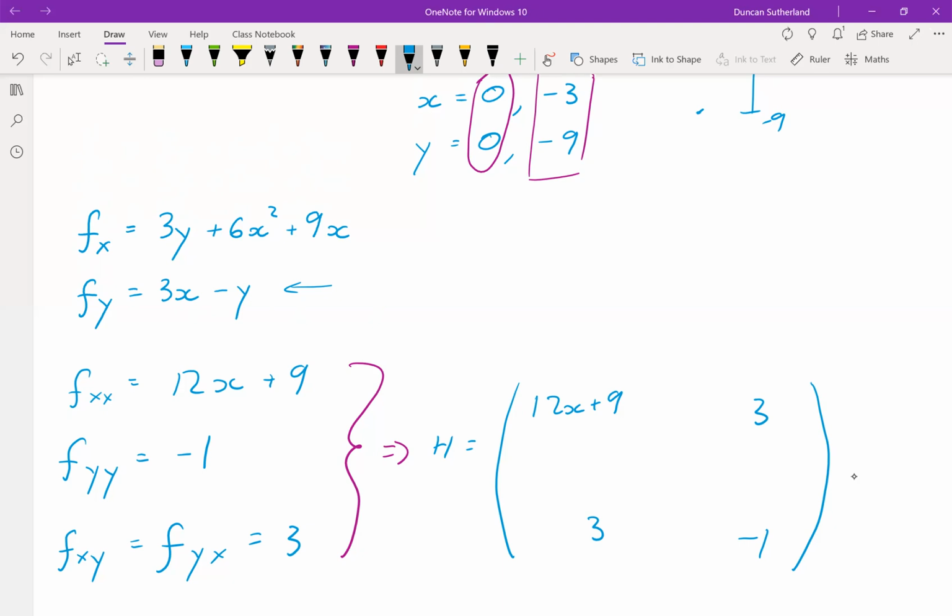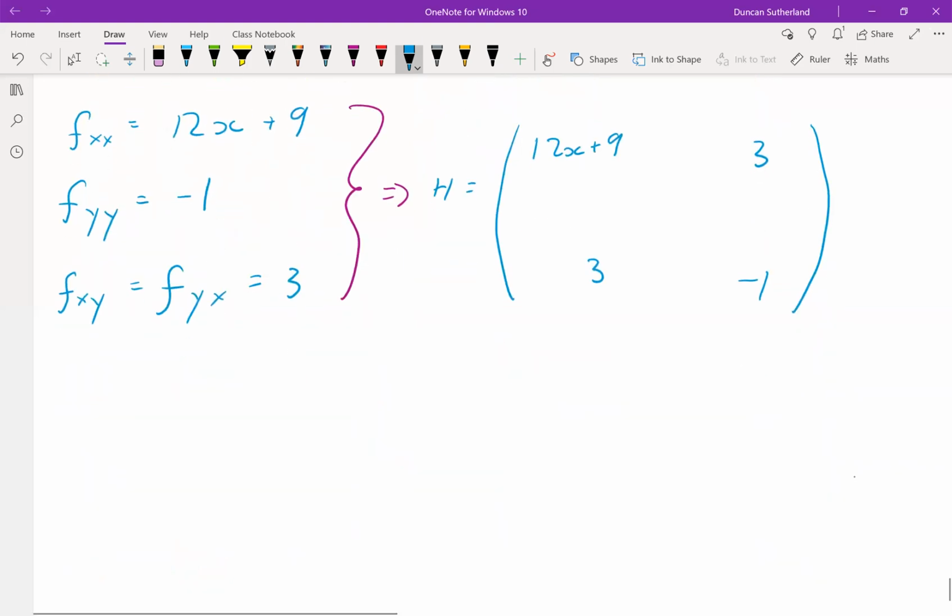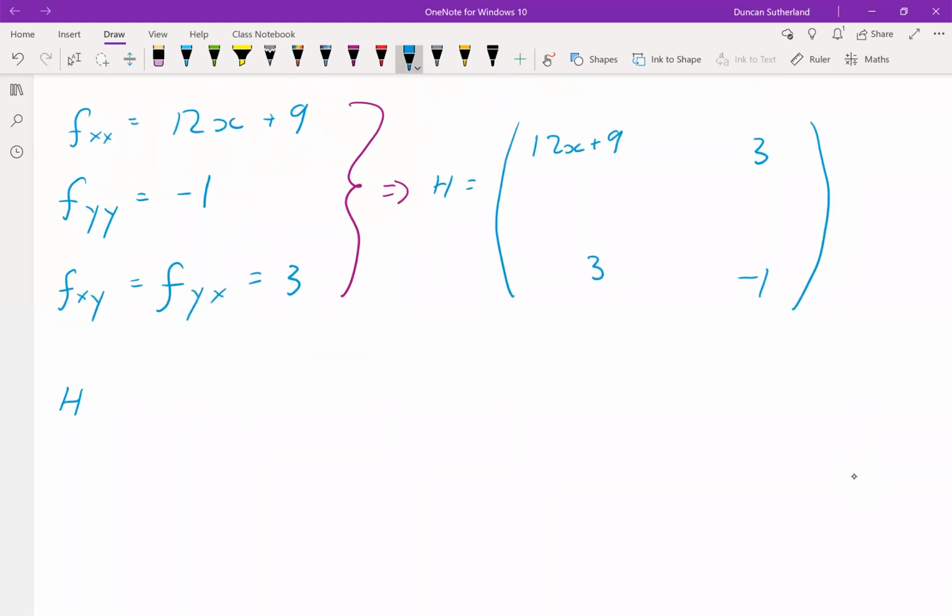We got two ways to do this now. We can either compute the determinant and the trace directly, or we can substitute our points in now and get two different Hessian matrices. That's up to you. The Hessian matrix at the origin is that.